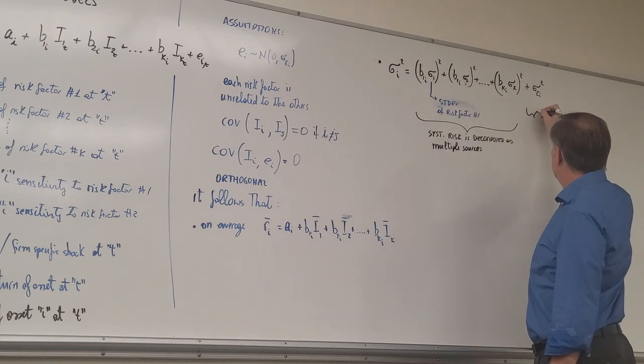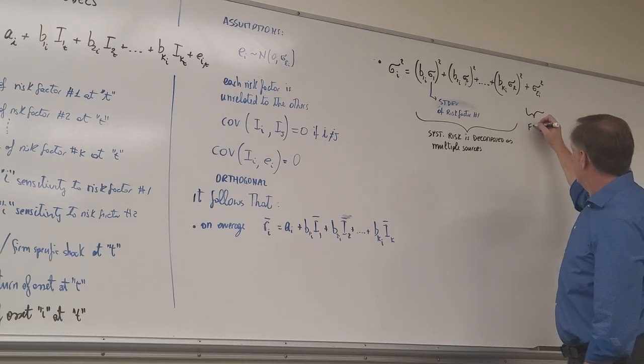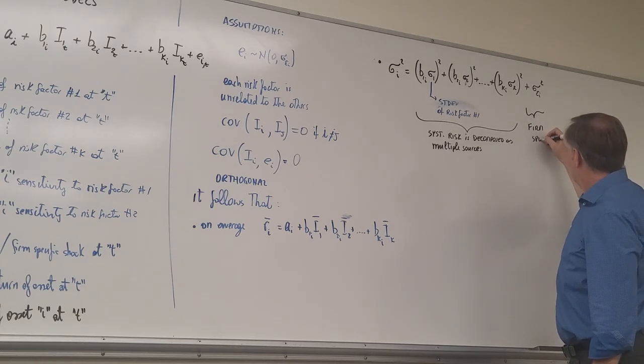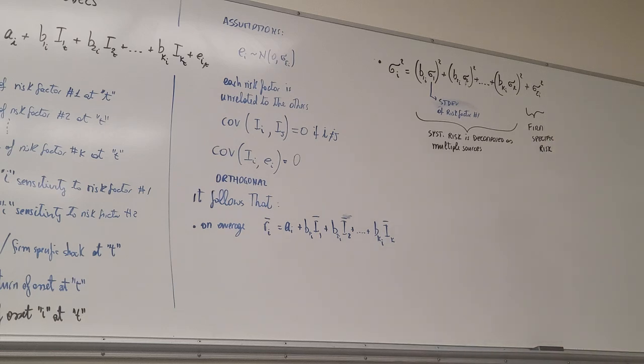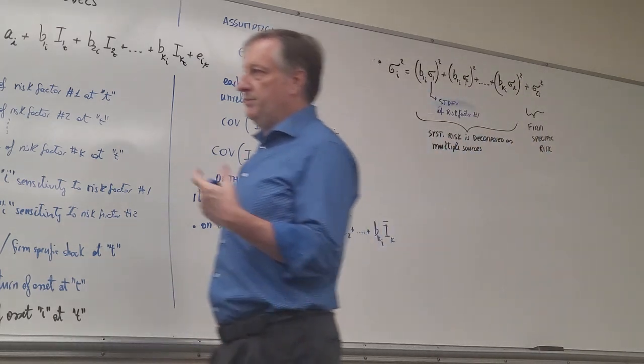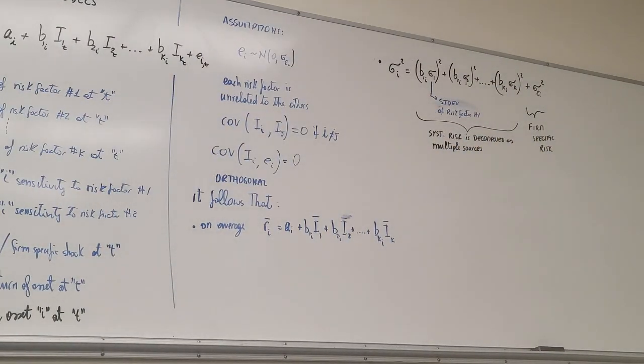And this term right here is the firm-specific risk. Okay, so this expansion of the model is permitting us to get a better picture of what this firm-specific risk is. It can come from different angles. Questions?